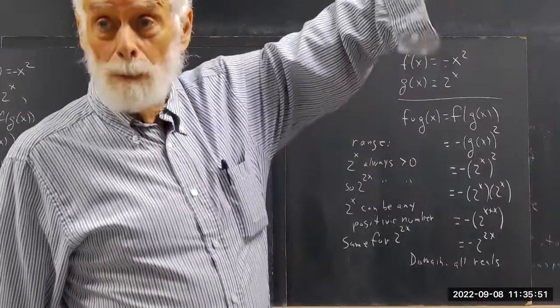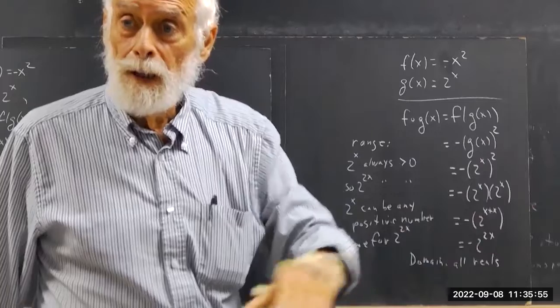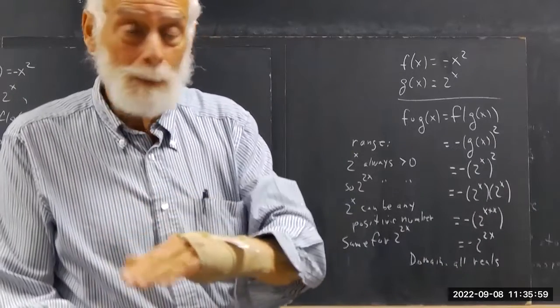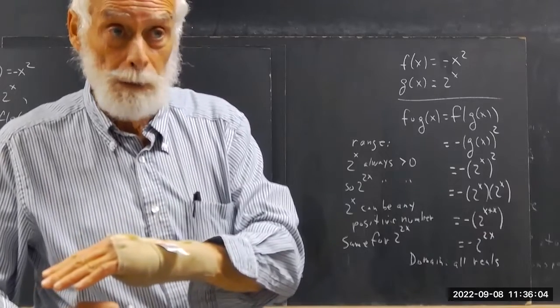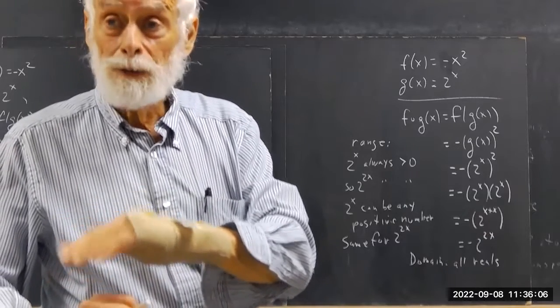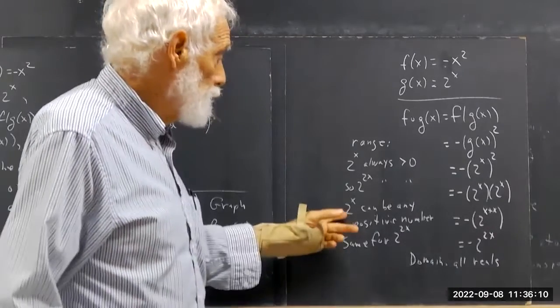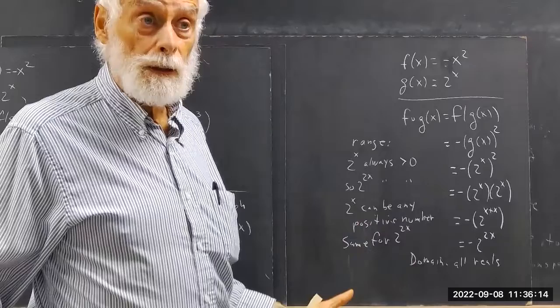There's no limit to how big it gets. And if you come over this way, it keeps cutting in half. It never reaches 0. But if you keep cutting something in half, no matter how close you want to be to 0, eventually you're going to get that close, right? So there's no positive number that isn't equal to 2 to the 2x, or 2 to the x, let's say, for some value of x.